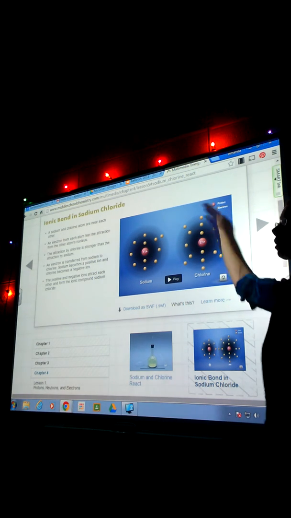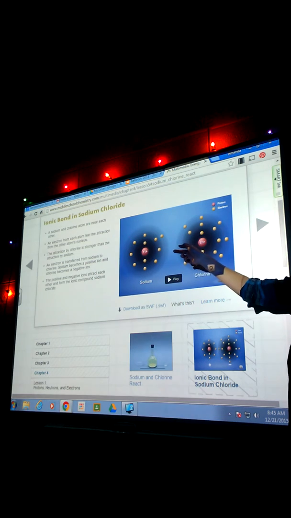What is its overall charge going to be? 18 negatively charged electrons, 17 positively charged protons. Is it going to be positive or negative? The chlorine atom is going to end up to be negative.